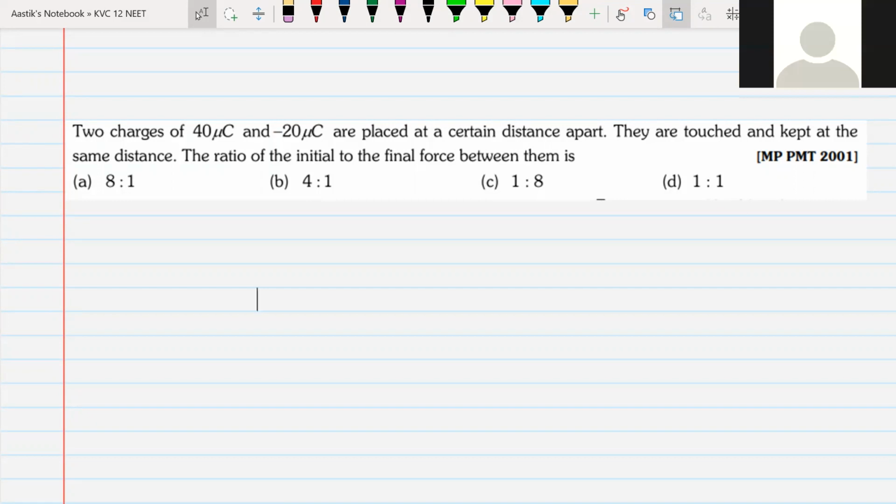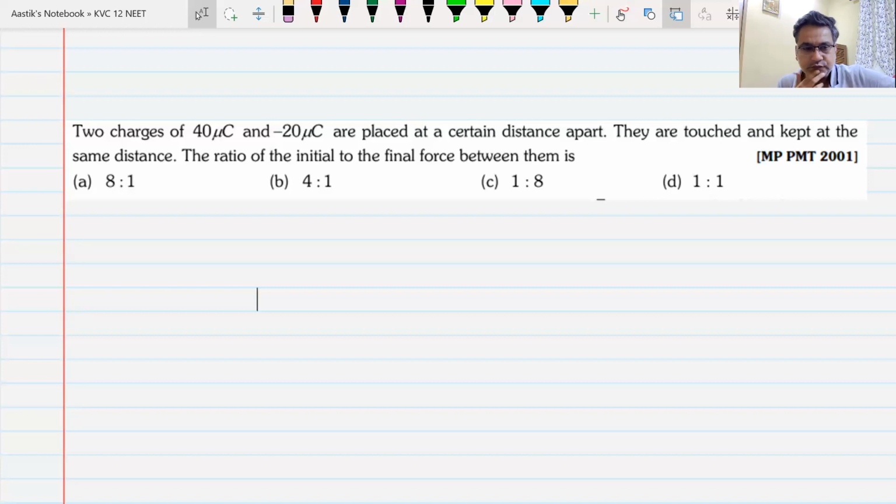So this will make you understand what happens when you touch two spheres or two charges. What will happen when you touch them? Anyone? I'll give you 2 minutes, don't worry.